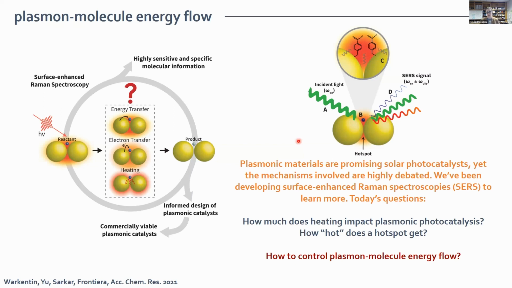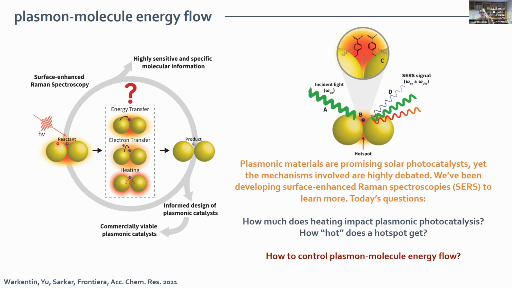This is because they have very high optical cross sections. And when you excite them, you generate these very energetic nanoscale local environments known as hotspots, which we've depicted here. If you put molecules in these hotspots, people have shown over the past decades that a number of different chemical transformations can occur. And some of these are very useful in terms of thinking about solar energy driven chemical processes.